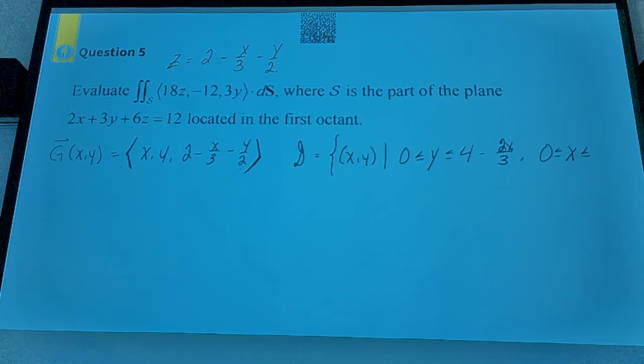And then x, we're going to go from 0 to 6 if both y and z are 0. 2x equals 12, x equals 6. Put that as x, y.